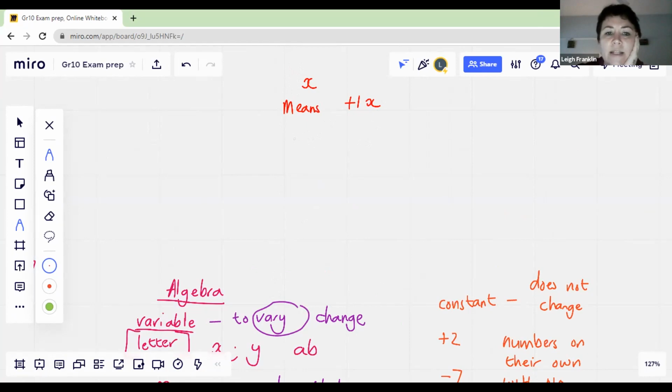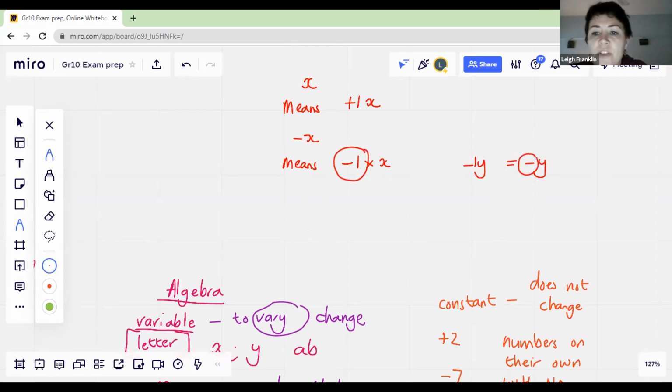If you write negative x, it means minus 1 times x. Negative y means negative 1y, except we don't write the 1. Here the coefficient is negative 1. Here the coefficient is negative 1. The variable there is x, the variable here is y.